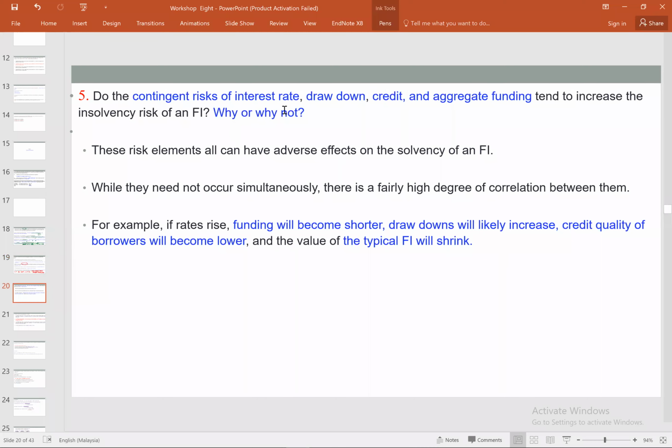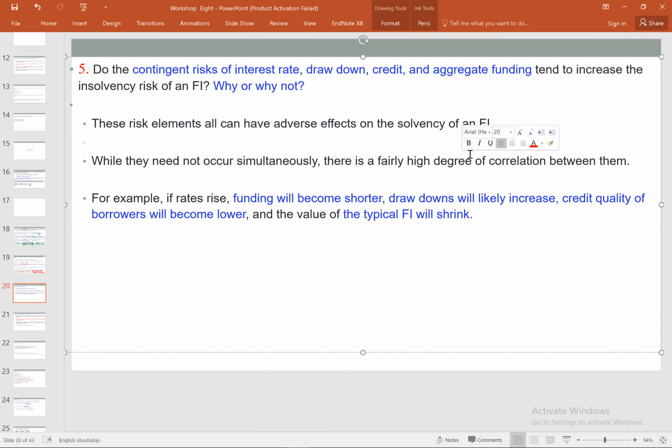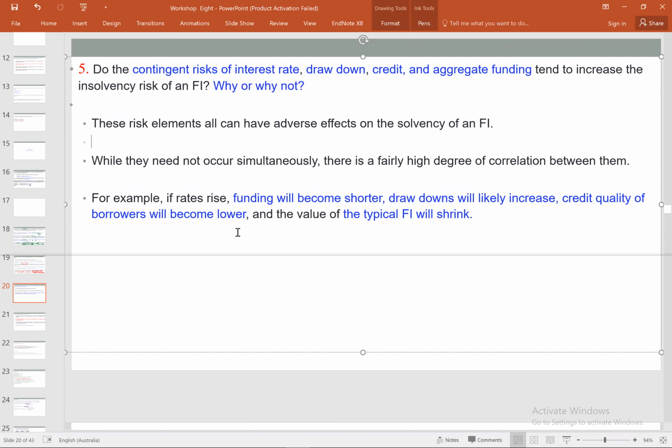Do contingent risks of interest rate, drawdown, credit, and aggregate funding tend to increase the insolvency of the bank? That is right. These risks can have an adverse effect on the solvency of the bank.